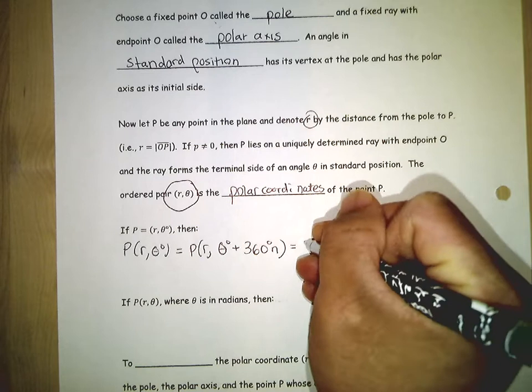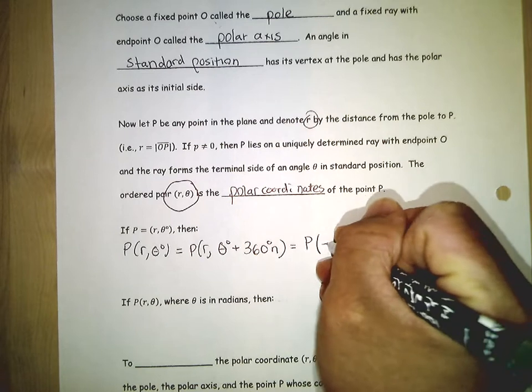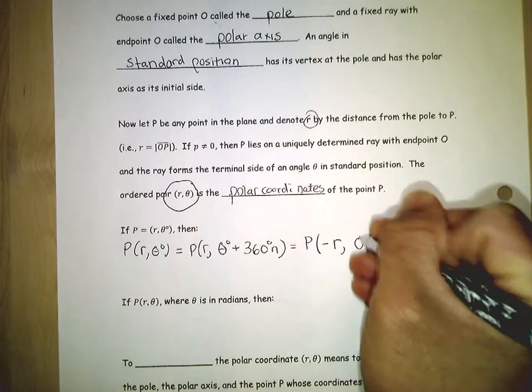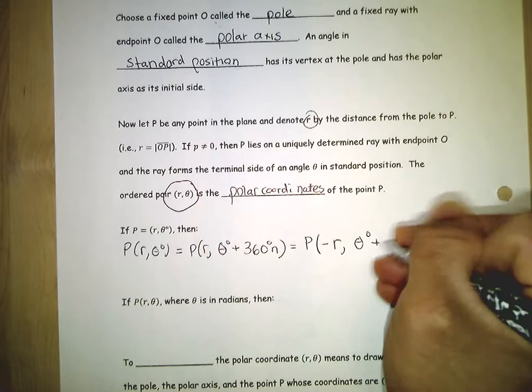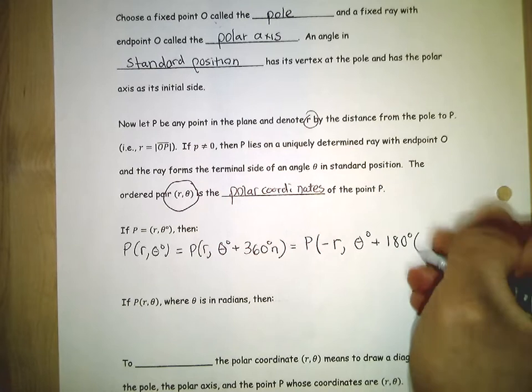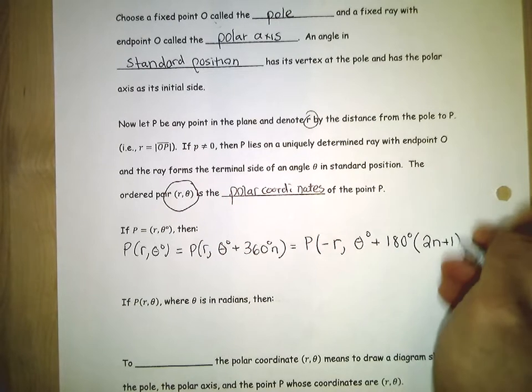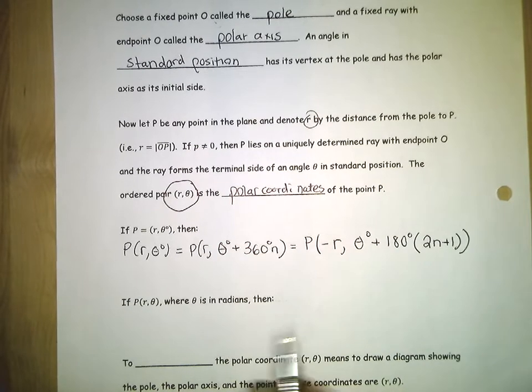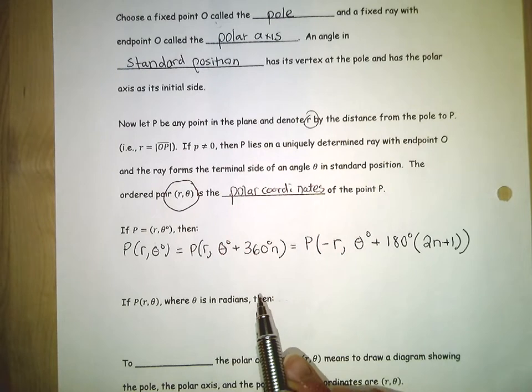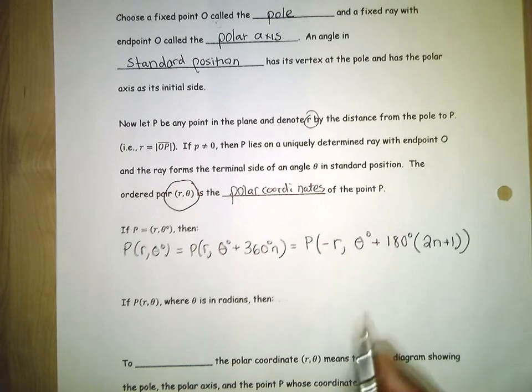And similarly, it will be P(-r, theta + 180°(2n + 1)). So these are all equivalent ways of writing the same point.